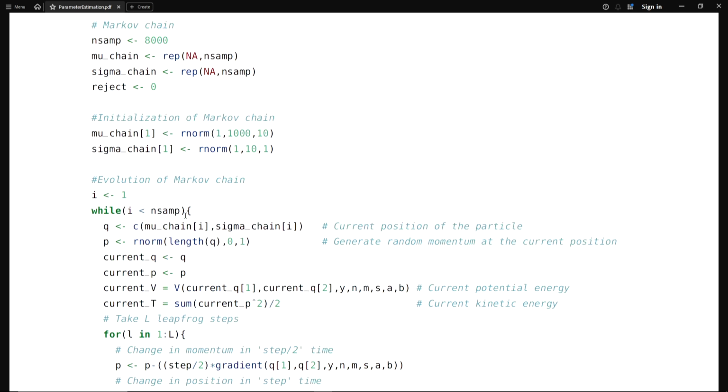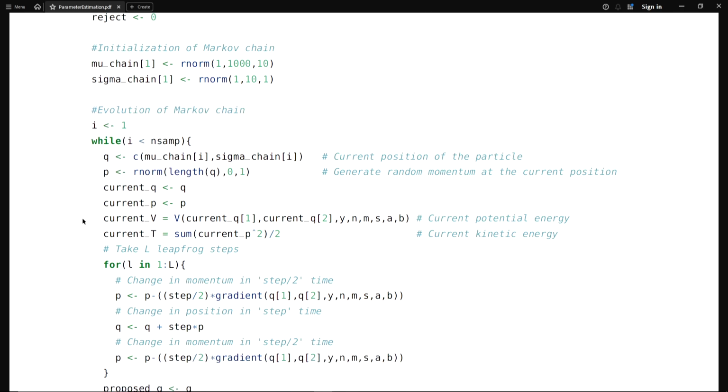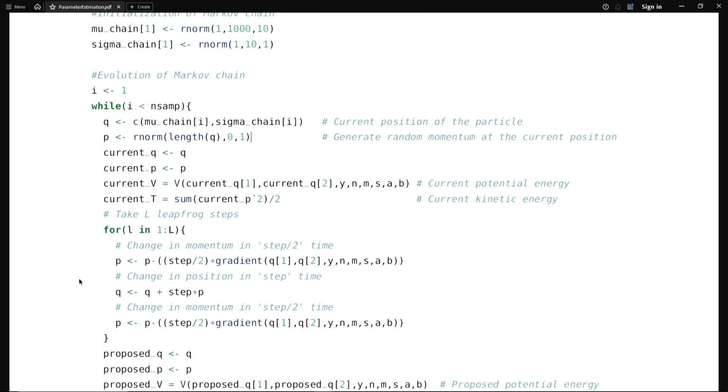Then I define how I would evolve this Markov chain using Hamiltonian dynamics. All other things would remain the same. The only thing you need to figure out is how to generate a new proposal. That's the step that will be different in the case of HMC.